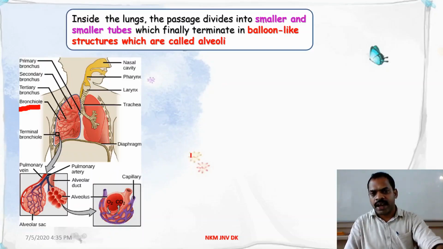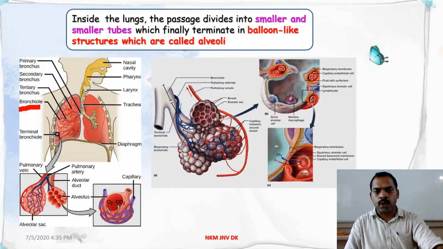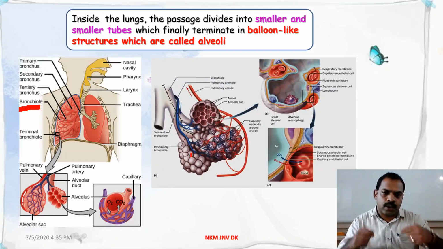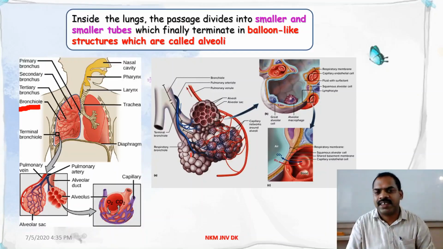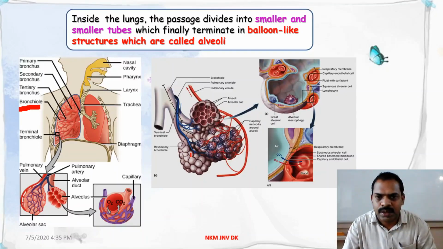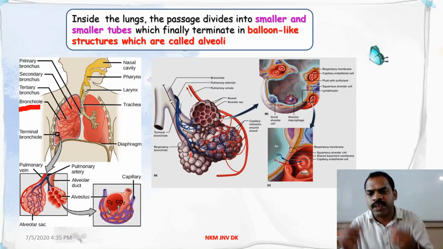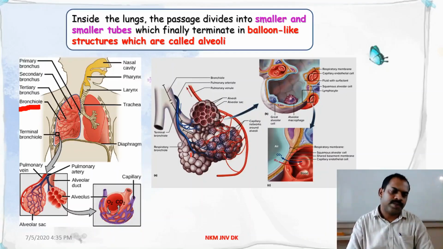So our lung is not like a balloon or a plastic carry bag. What does the structure look like? We can compare that with a piece of thermocol.